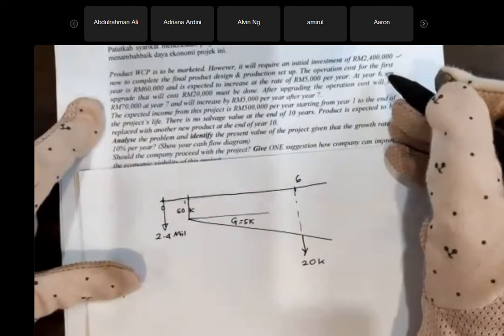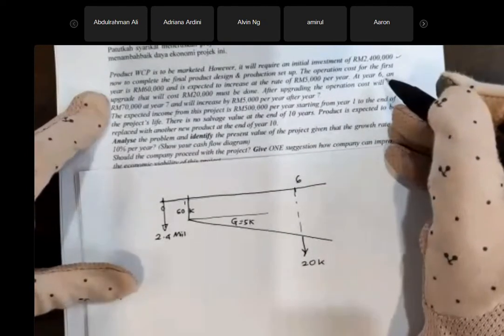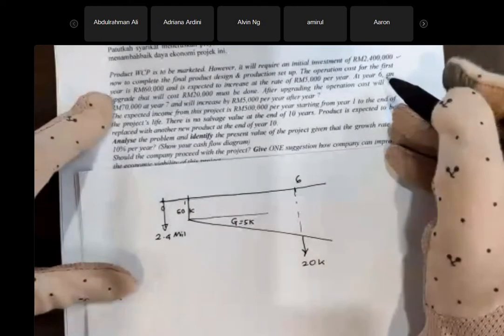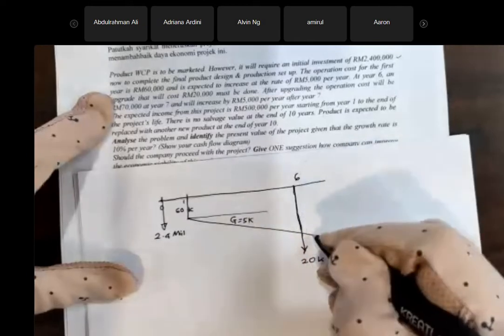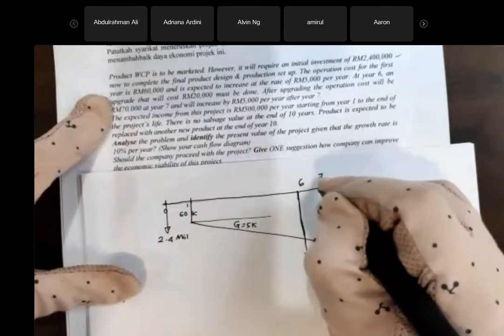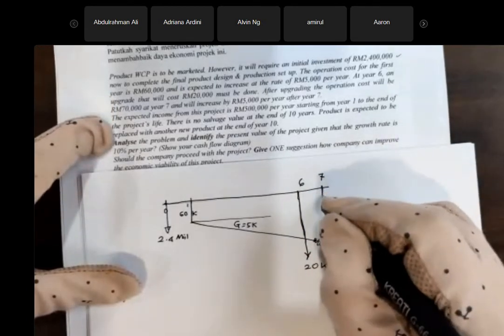Okay, good. At year 6, we have to stop at year 6. Then at year 7, the operation cost will be 70,000.